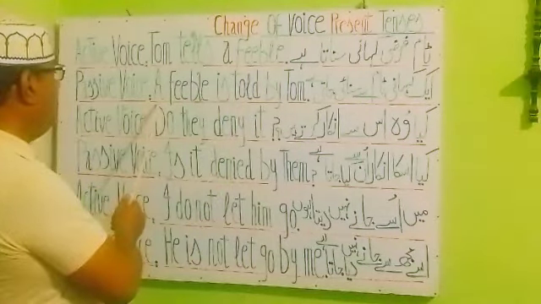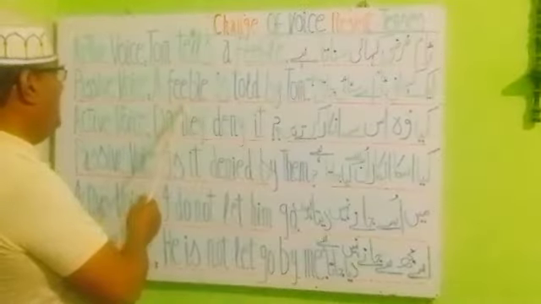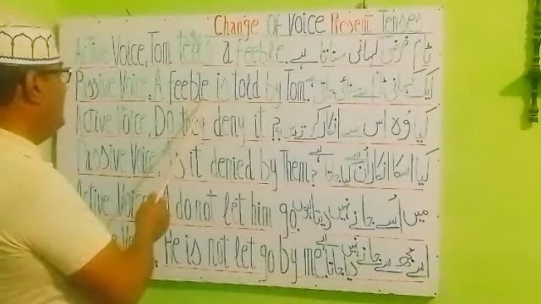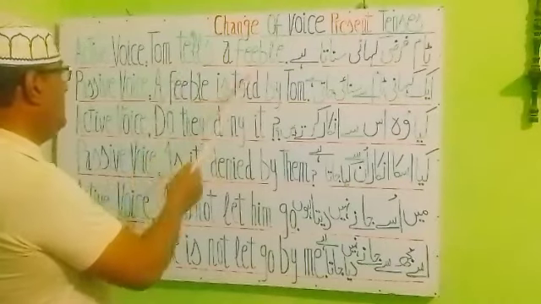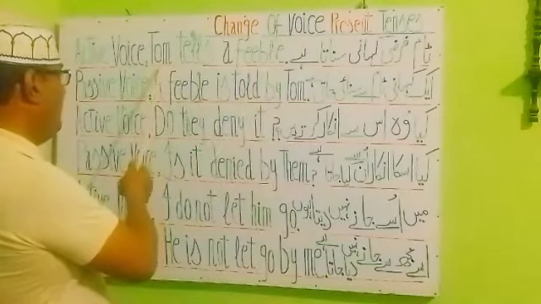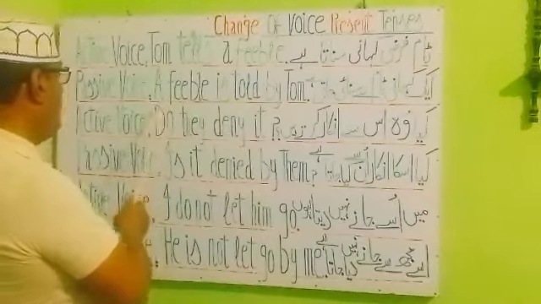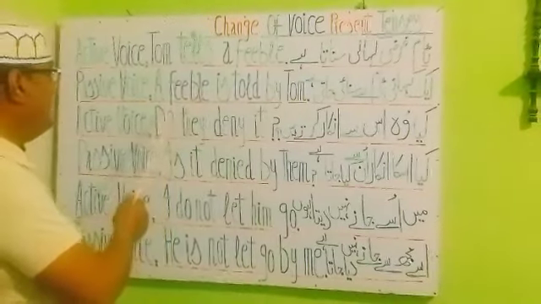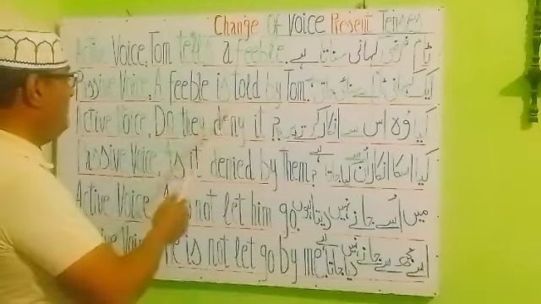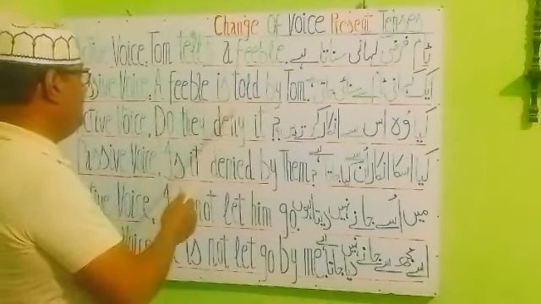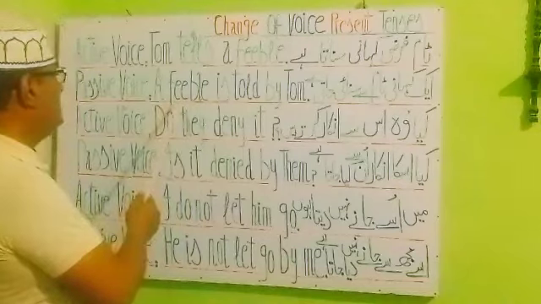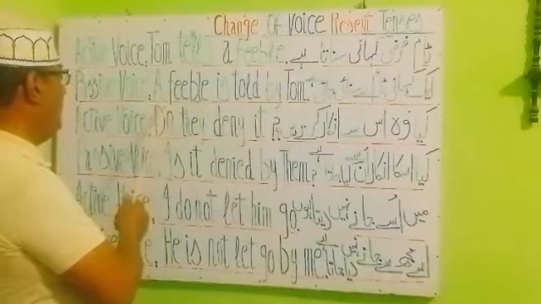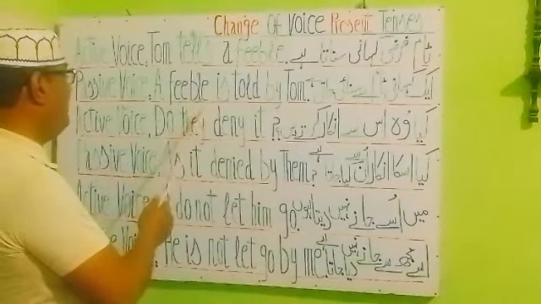So here you see that a fable is changed by the subject of the first statement, and after a fable, in this present tense, there's a regulation that is, am, are is added after writing the subject in the passive form.